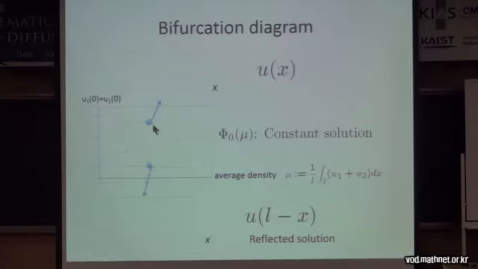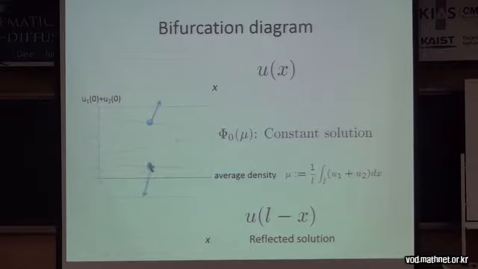The spatial profile of each branch is like this. This is the spatial profile of U, the total concentration U1 plus U2, and this line corresponds to the profile of V, the chemoattractant. This branch is just a reflected solution of this.